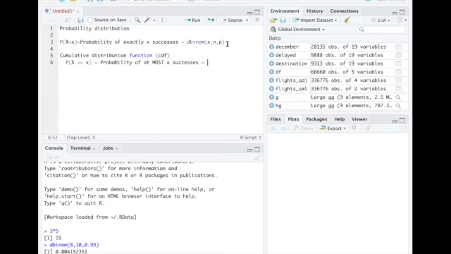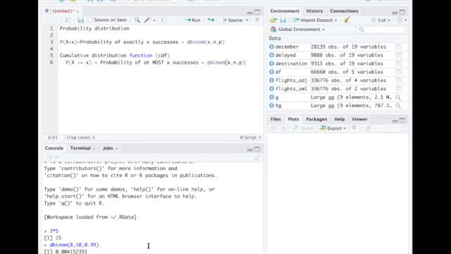So this is the probability of getting at most X successes. That's what the cumulative distribution tells us. For that one, there is also a built-in function in R that calculates those. Notice we just change the first letter from a D to a P.